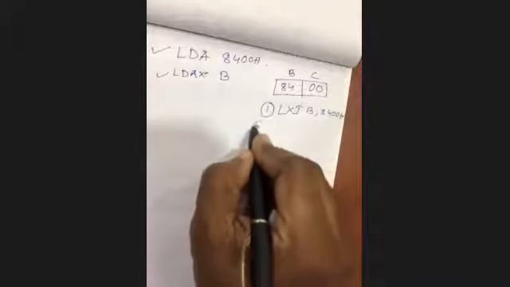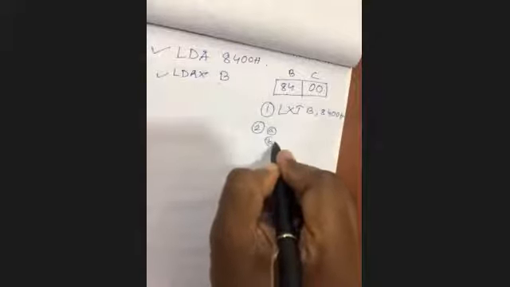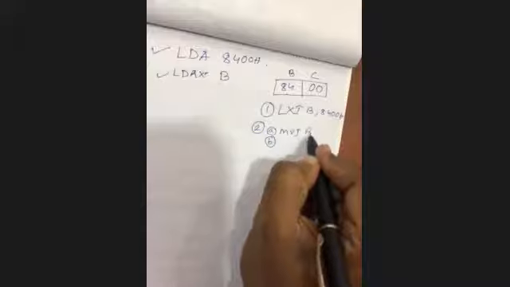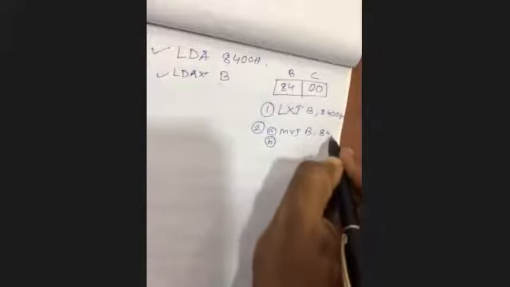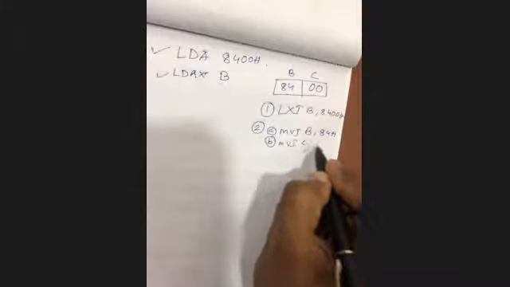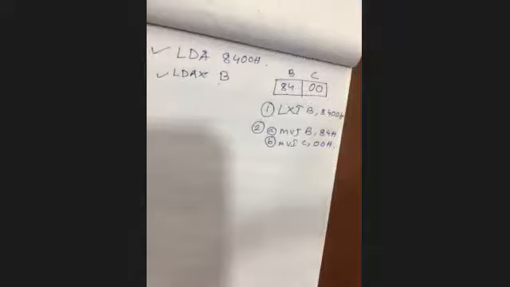Another procedure is two instructions: MVI B, 84H and MVI C, 00H. With these two instructions, BC will be 8400H. Is it clear to all? Yes, sir.